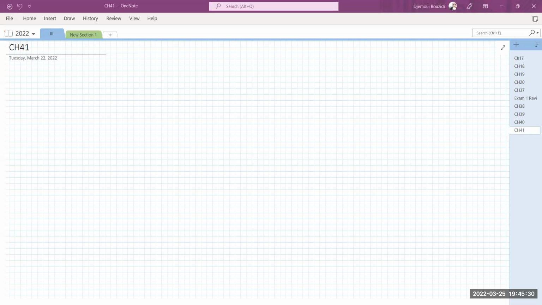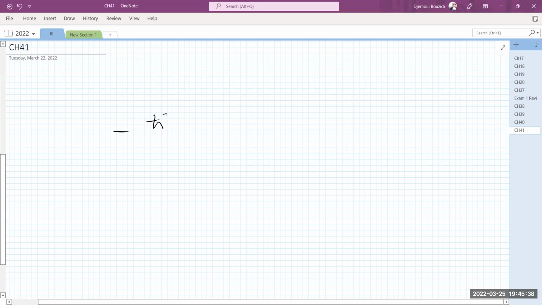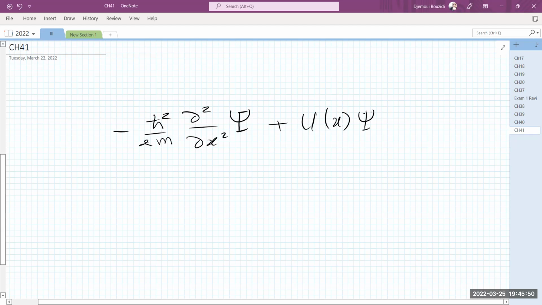So again, we saw Schrodinger equation basically from chapter 40, being negative h bar squared over 2m times the partial derivative with respect to x of the function psi plus the potential energy in general times the same function psi is equal to i h bar, the partial derivative with respect to time of the function psi.